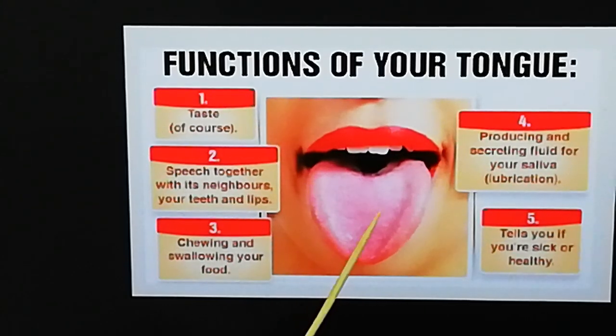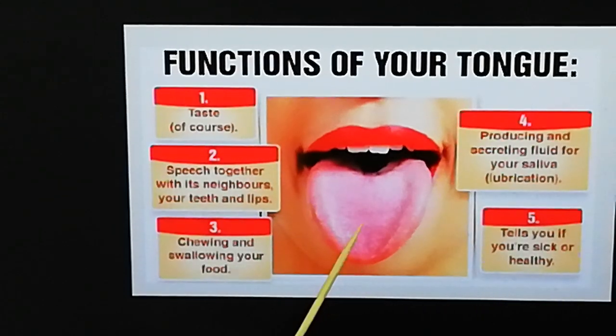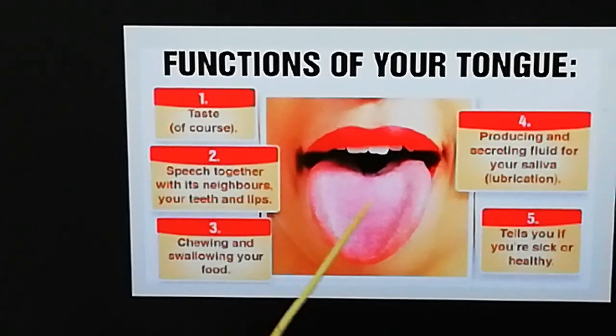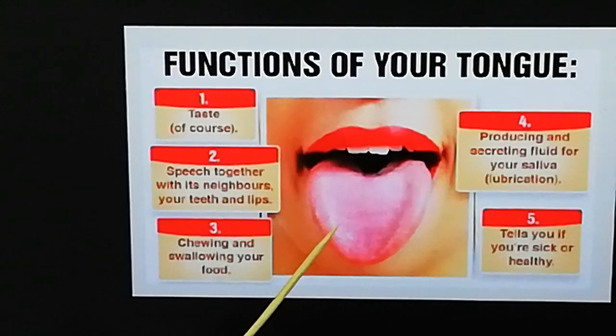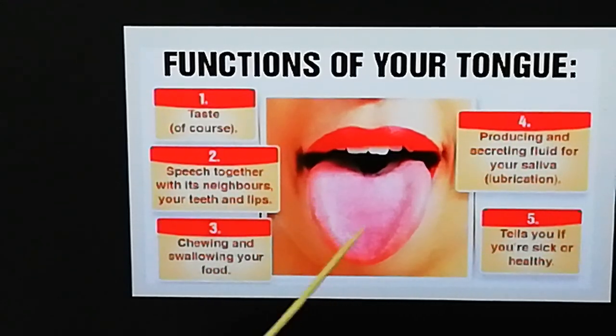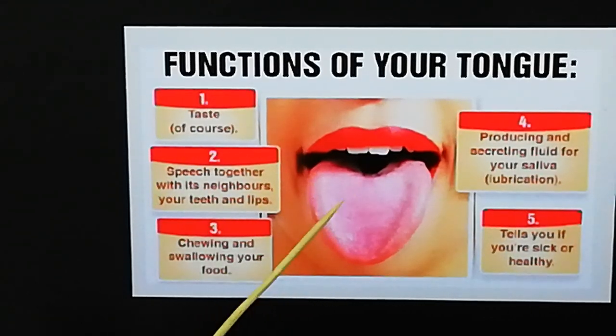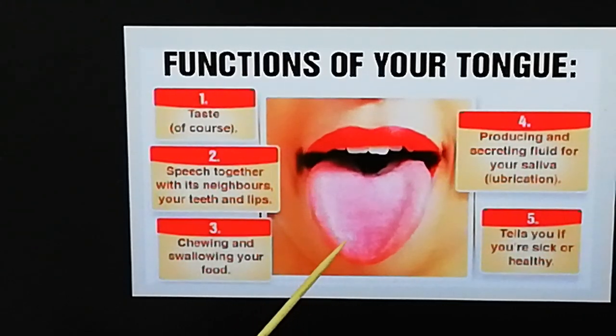It also helps us in the production of saliva, which is helpful in lubrication. And above all, it tells us about the health of a person, whether he is ill or in a healthy state. It can be coated, it can be clear, it can be dehydrated, etc.